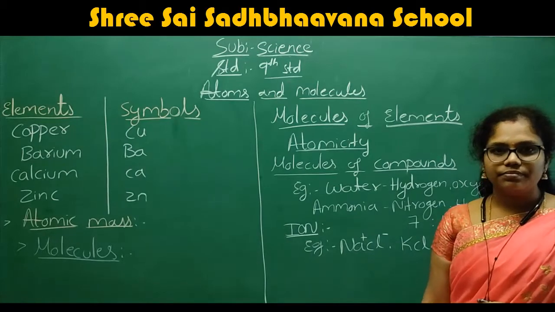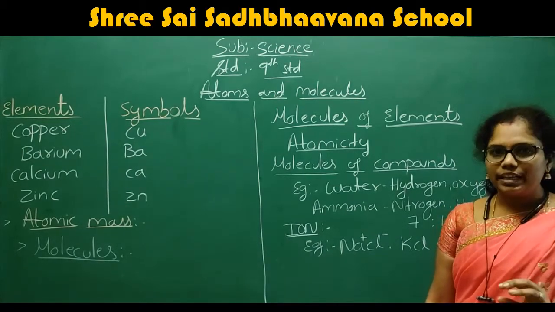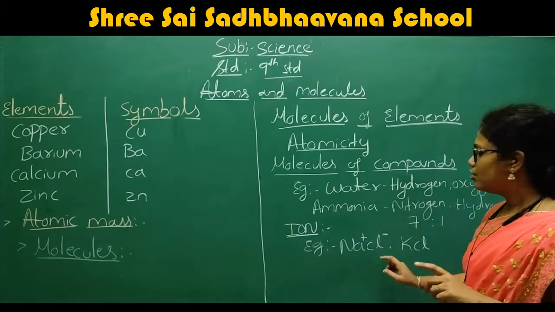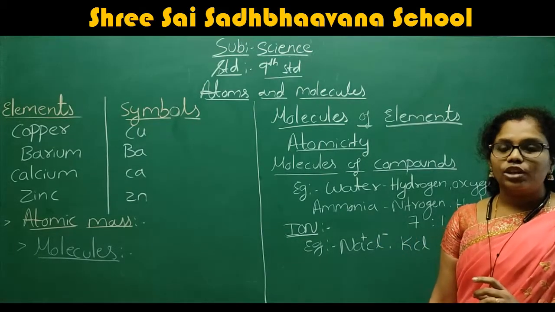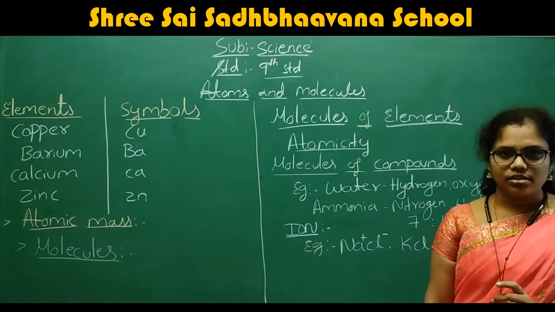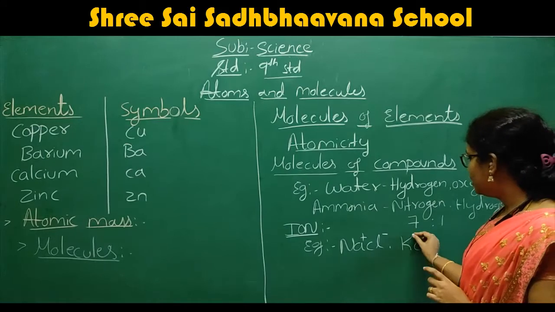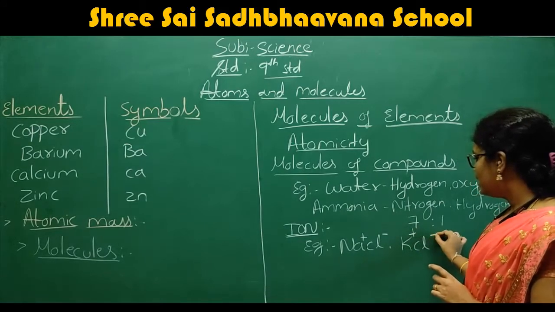So ions are formed when a metal and a non-metal react to form charged species. Similarly, in potassium chloride, potassium is plus and chloride is minus.